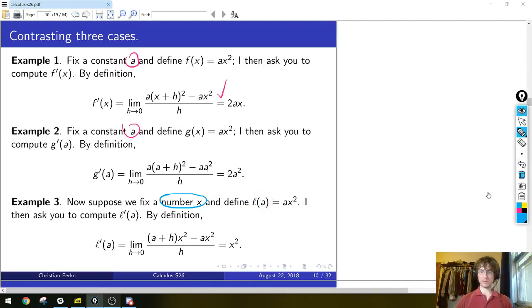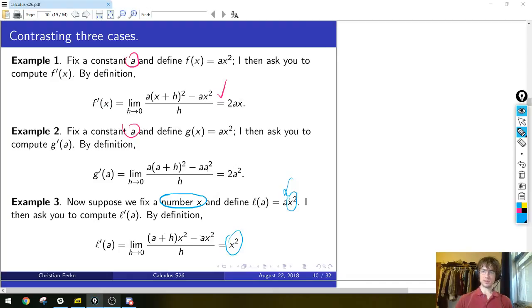Well, now we have to be careful. We still use the definition of the derivative, but since L is a function of a, we replace a by a plus h and a by a in the difference quotient and subtract. As expected, since as a function of a this is just a line with slope x squared, we get the derivative, which is that constant slope, x squared.